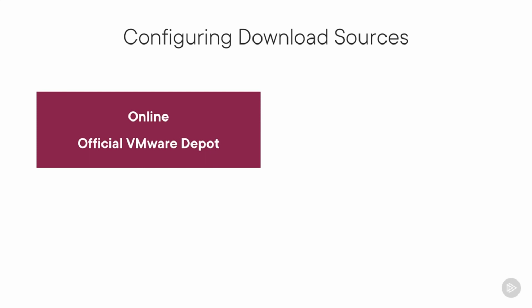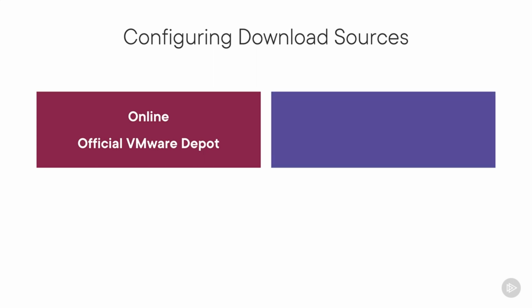If for whatever reason, the official VMware depot that contains third-party add-ons and components is not enough for you, if you need another source for whatever reason, you could go to another third-party online depot. That is configurable here in the vSphere web client.